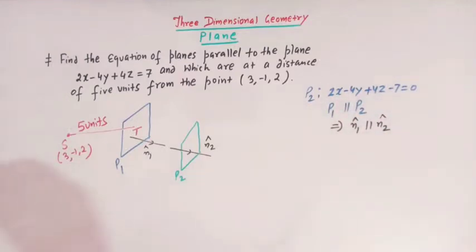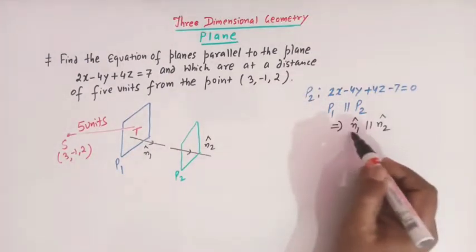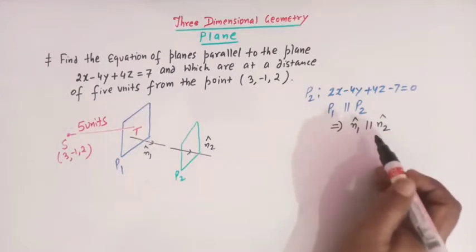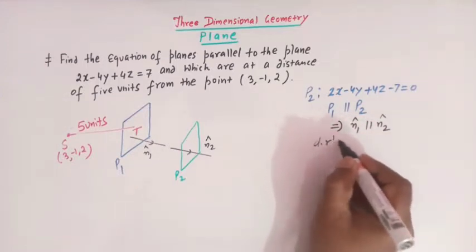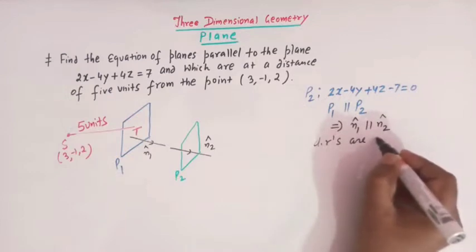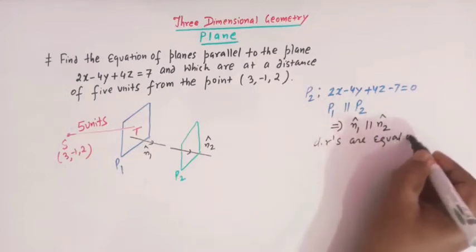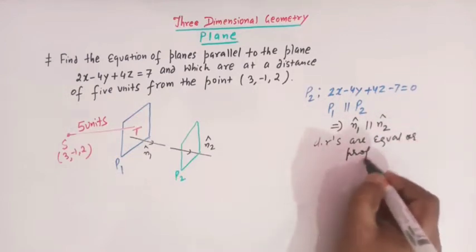In other words, if two planes are parallel, then their normals are also parallel, and when two vectors are parallel, their direction ratios are either equal or proportional.